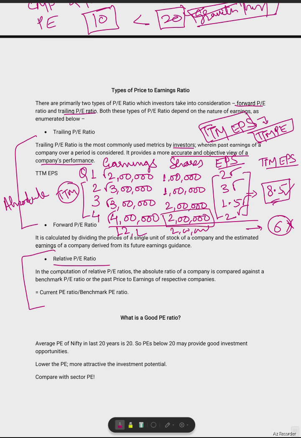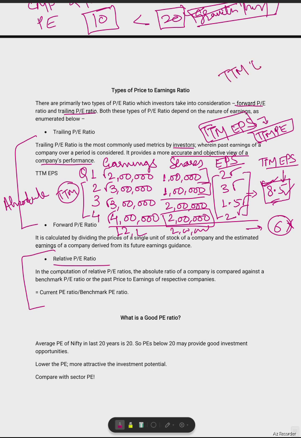Why? Because you have taken the number of shares at the end of the year. You have not taken the earlier number of shares into account, because the number of shares increased mid-year. So you have not taken the weighted figure. So 8.5 is more accurate. Likewise, if shares are redeemed, the picture may be reversed, but in any case the TTM EPS will give a more objective and true picture from the investor's perspective.